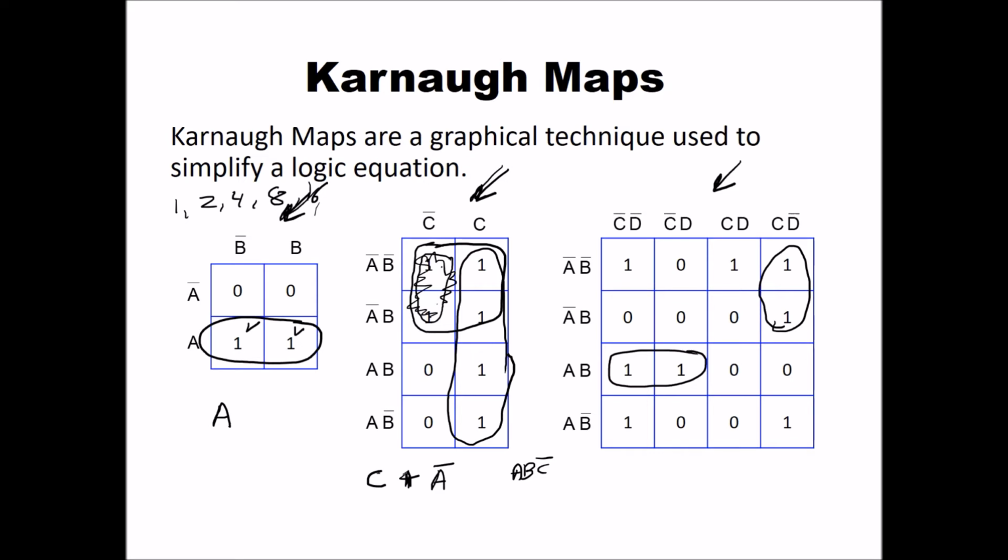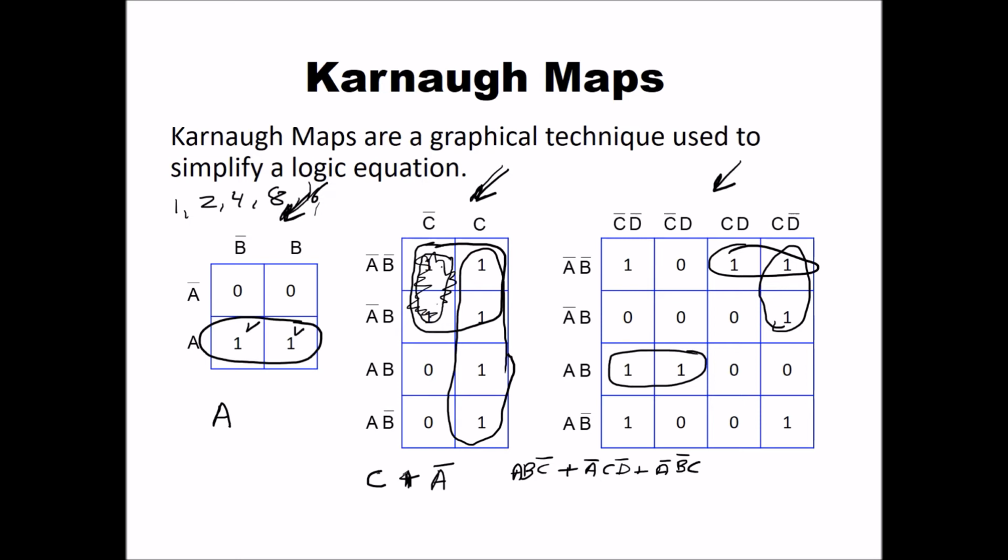Okay, and the name of that group is A, C, not D. Okay, and I have this one. It looks like I'm going to have to overlap it with that guy. And that group is not A, not B, and C.